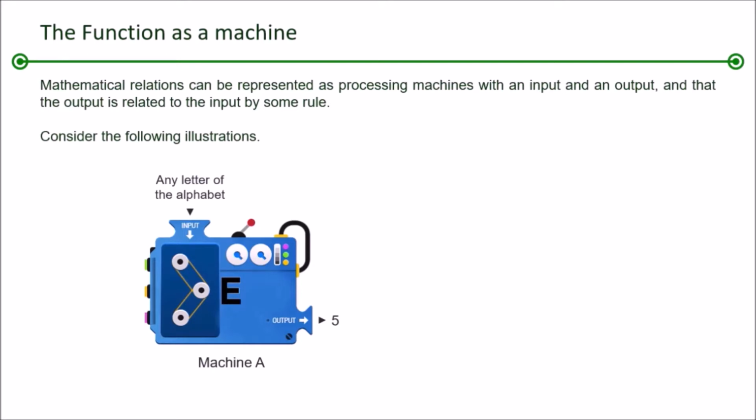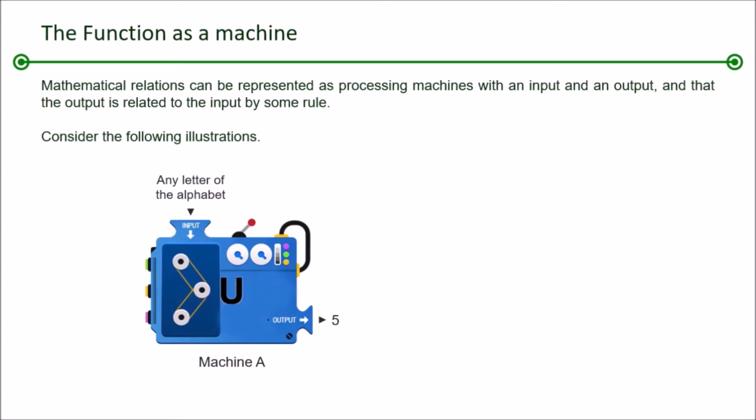This time, the machine selects the letter E and produces the output 5. Now, the rule is seemingly becoming clearer. But let's try a few more rounds just to make sure. For this round, machine A selects N and produces the output 21.